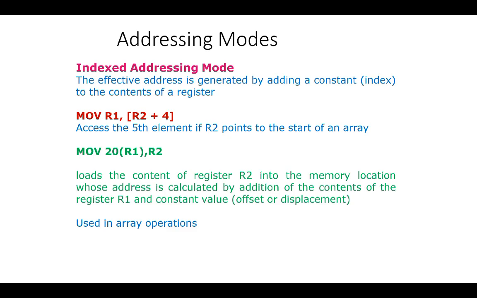But here the effective address is generated with the help of adding a constant value, which helps to tell the effective address. So from the instruction move r1 comma r2 plus 4, we can say which type of processor has been used.